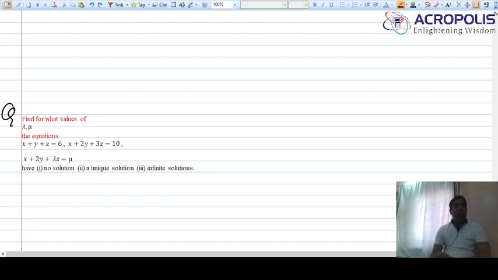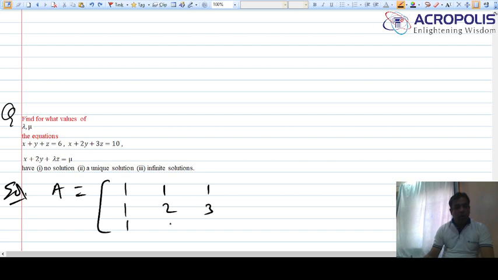So we need to find the values of lambda and mu, and we'll check for what values of lambda and mu the given system has no solution, unique solution and infinite number of solutions. So A is equal to 1 1 1, 1 2 3, 1 2 lambda.